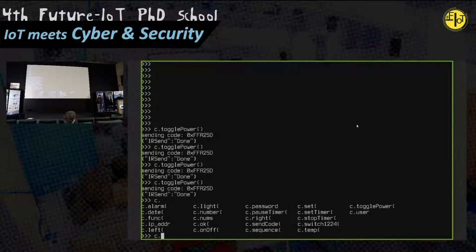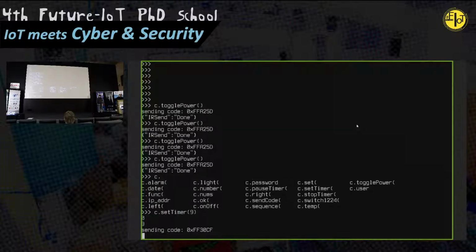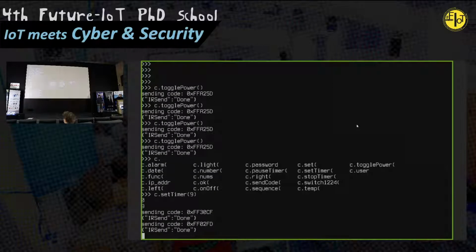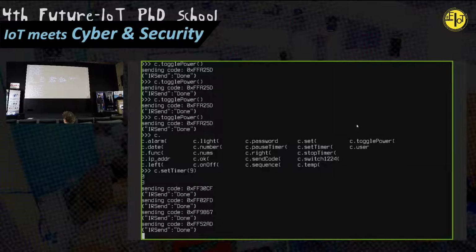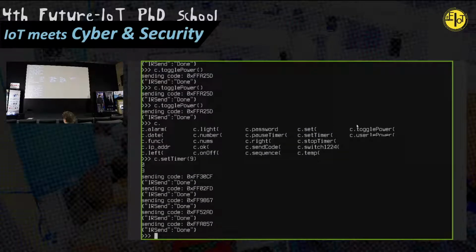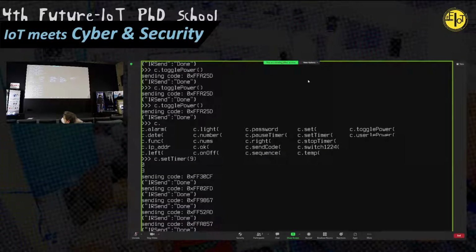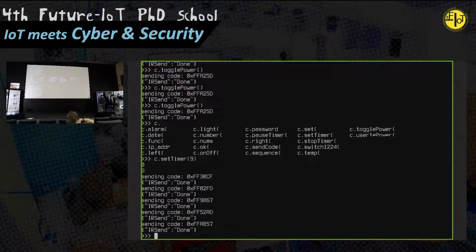So set timer does exactly what you saw before. It's sending one key, sending another key, and so on. So in the end, the timer is set. This is great because you don't have to press every key on the remote control, and you can automate whatever you want. You can change the time, you can change whatever.